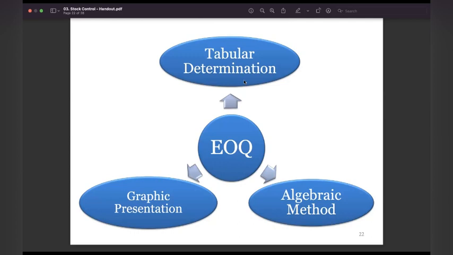Then graphically, we can show EOQ. Lastly, the algebraic method where we can use an equation. I will explain that.